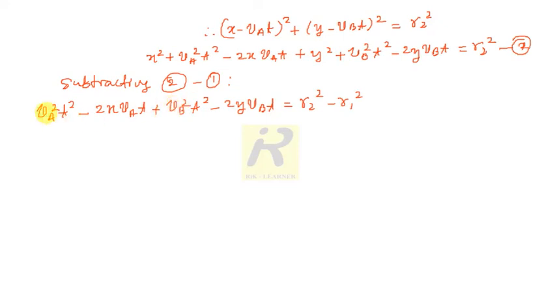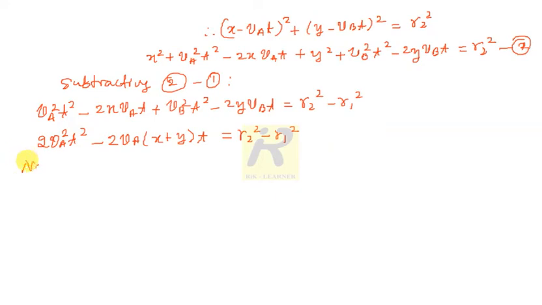These can be written as 2 times va square t square minus 2 times va into x plus y into t, right? So that equals R2 square minus R1 square. This is one of the possibilities.